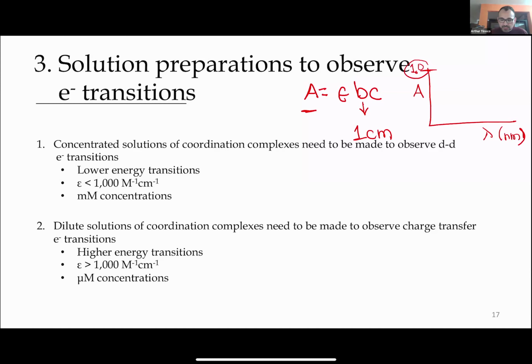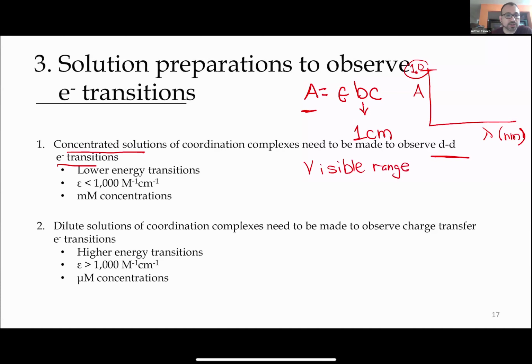So if you're focusing on the observation of d-d electronic transitions, because those tend to have a low extinction coefficient, what you need to do is work with concentrated solutions, because then you'll be able to see them in your UV-Vis spectrometer. So d-d electronic transitions will be seen in the visible range.